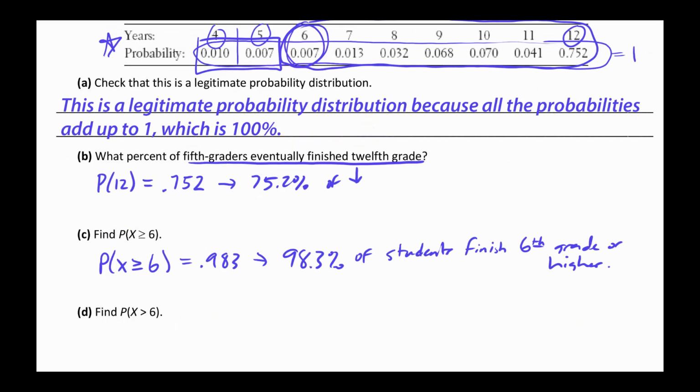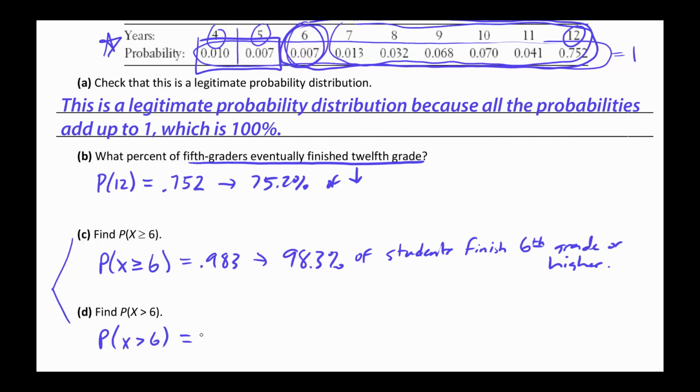So what about D? Probability that X is just greater than 6. Notice C and D look very similar, except that with this one we cannot include 6. There's not the equals to underneath that inequality. So that means it has to be 7 through 12.